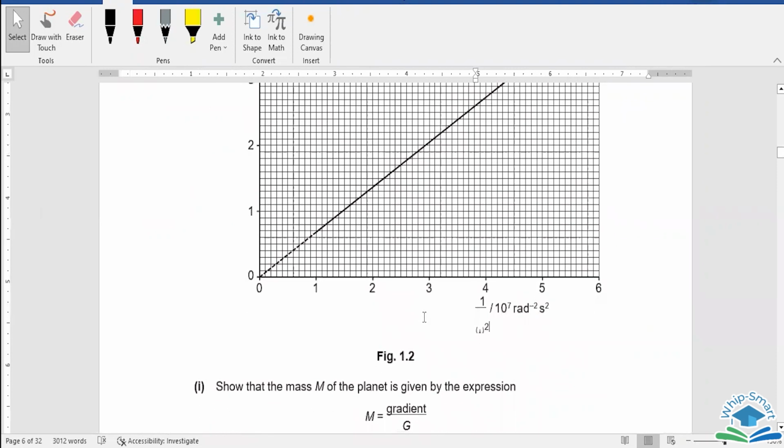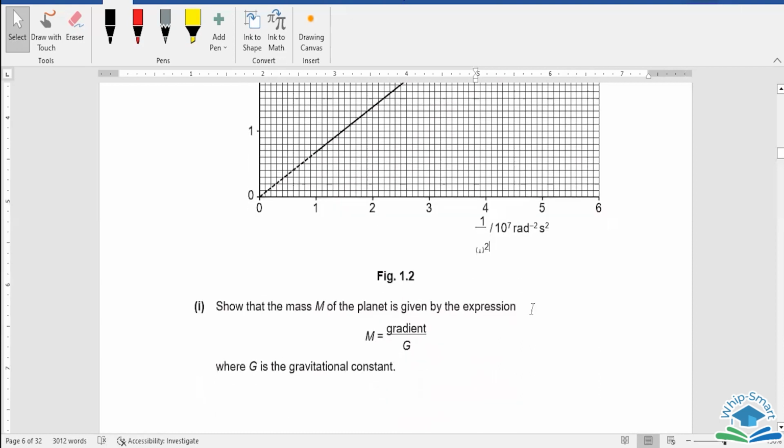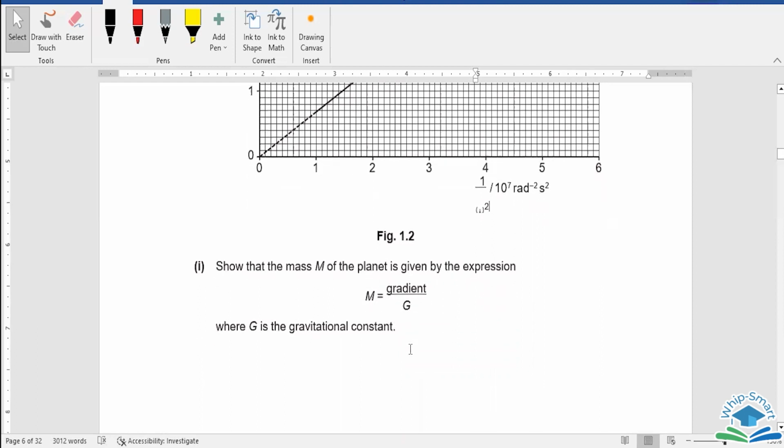The unit for angular velocity is radian per second, but when we take 1 over omega, it becomes radian per square and second square. Part 1 says show that the mass of the planet is given by the expression M is equal to gradient upon G, where G is the gravitational constant.